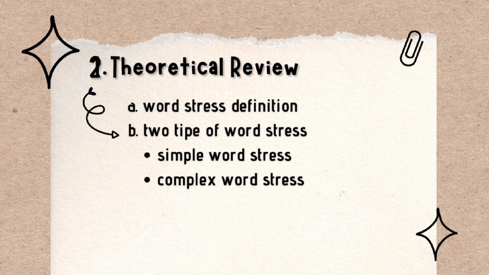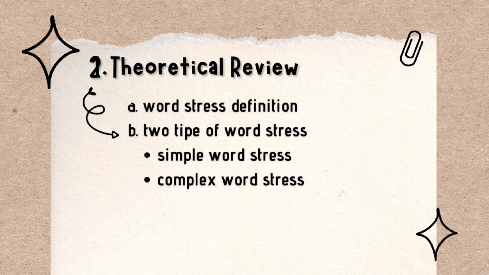Two-syllable adjectives. As with two-syllable nouns, we usually place the stress on the first syllable. 3. Two-syllable verbs. If the word is a two-syllable verb, we generally stress the second syllable.